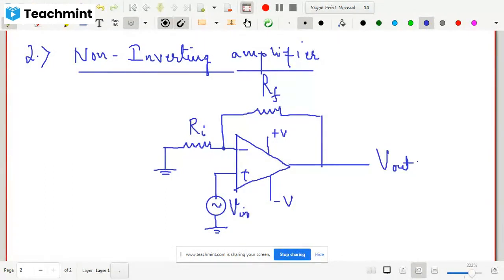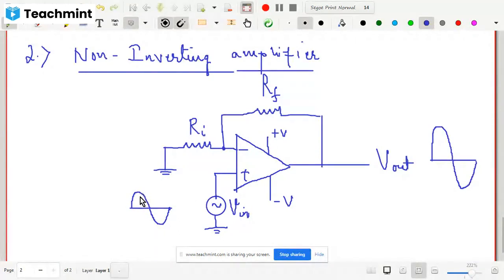Now, why do we want such a non-inverting amplifier? What will be the function of a non-inverting amplifier? Let us try to understand that first. We have seen earlier that whenever we give an input signal like this, we obtain the amplified output, but it will be in the same phase. You see the phases of these two.